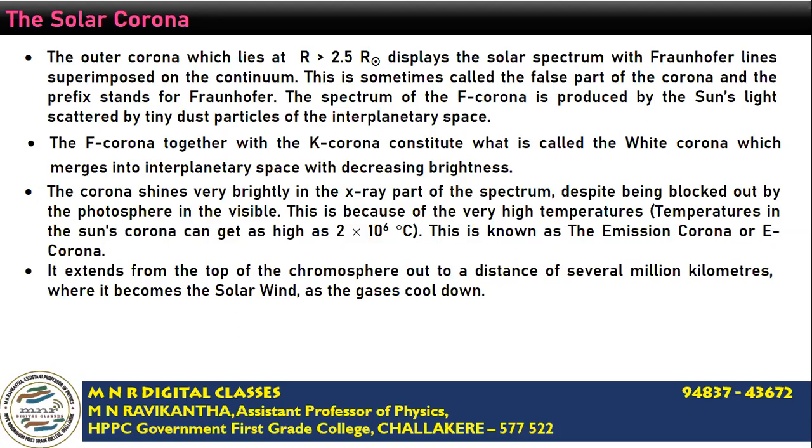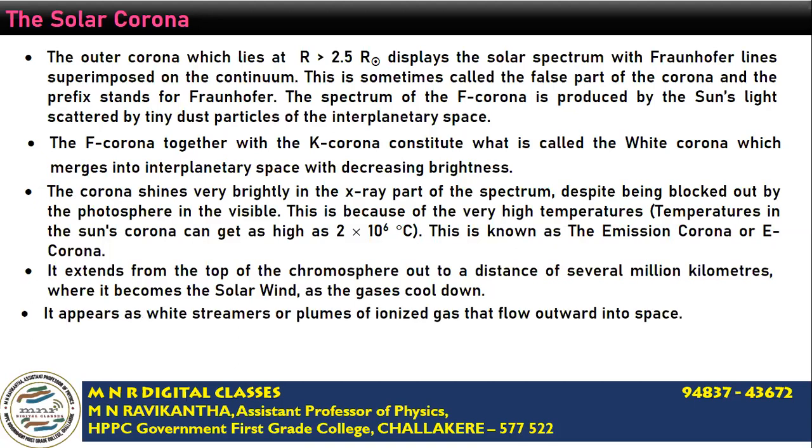It extends from the top of the chromosphere out to a distance of several million kilometers, where it becomes the solar wind as the gases cool down. It appears as white streamers or plumes of ionized gas that flow outwards into space.